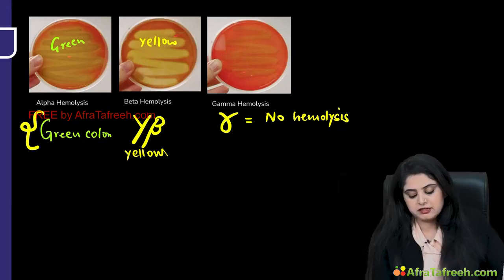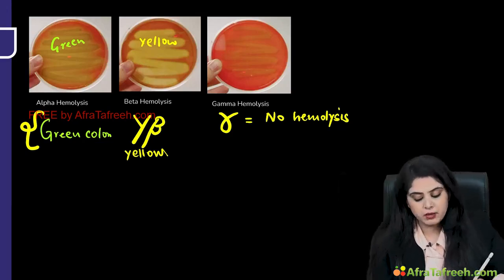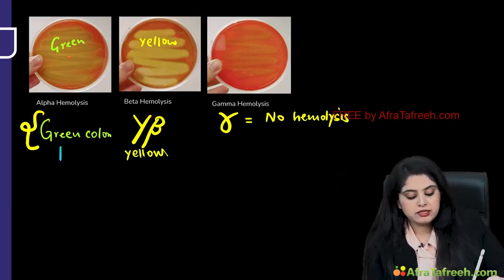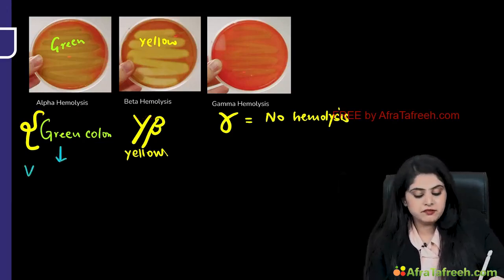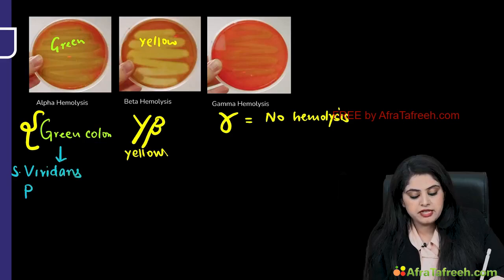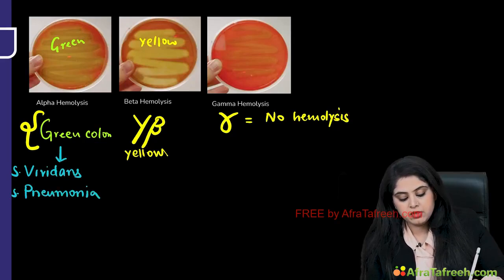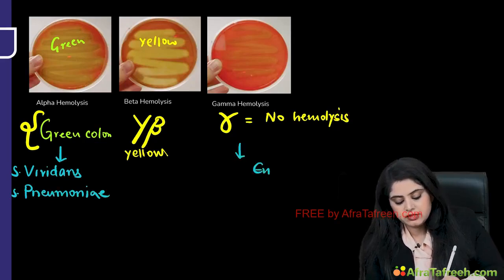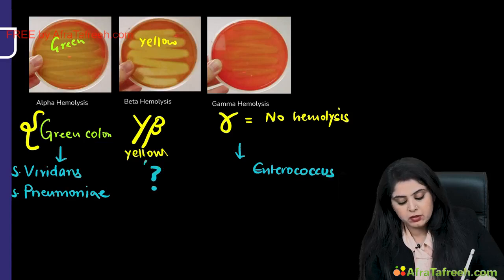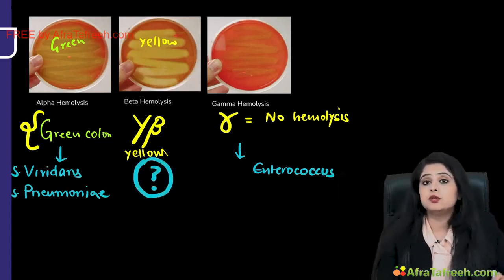So now these are the things that I have to study. Let me start one by one. If I ask you guys, what are the things that come under alpha hemolysis? V and P, that is Streptococcus VP, Streptococcus viridans and Streptococcus pneumoniae. What comes under gamma hemolysis? It is just one thing that is known as Enterococcus. And then what comes under beta hemolysis is different, because this has a full classification.